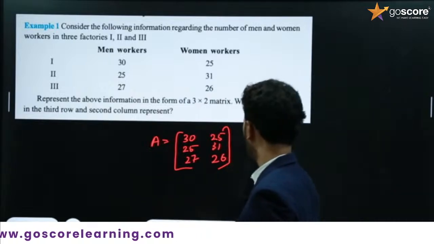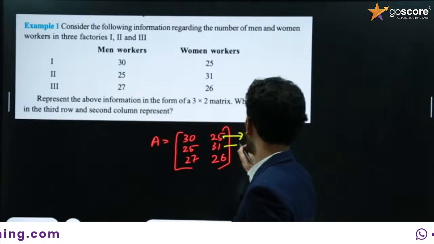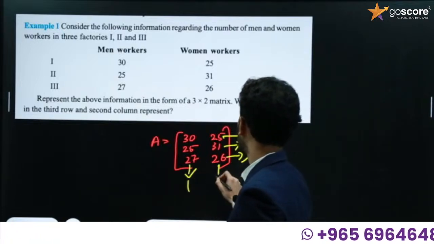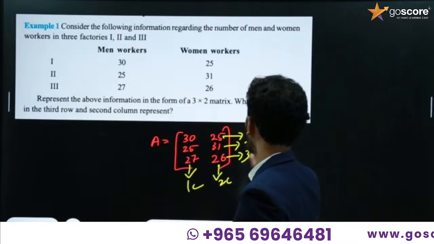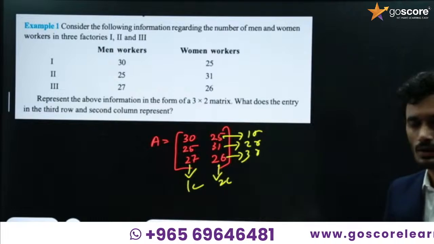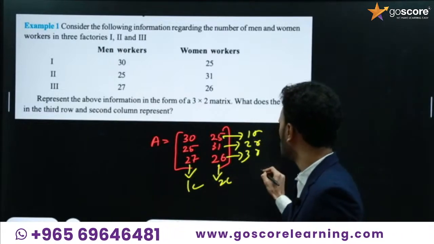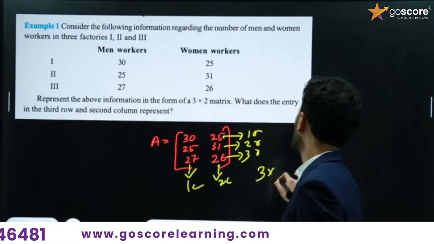So how many rows are there? Here you can see the first row, second row, third row, then first column, second column. R represents the row and C represents the column. So you can see that there are 3 rows and 2 columns.